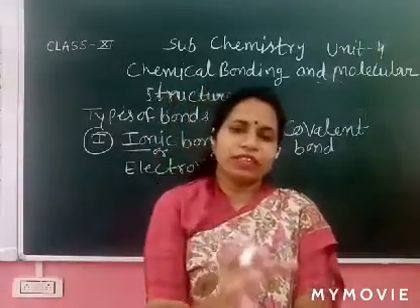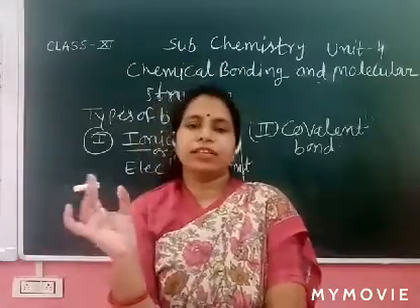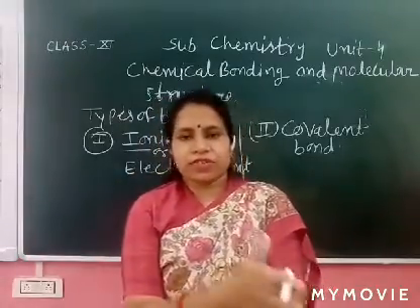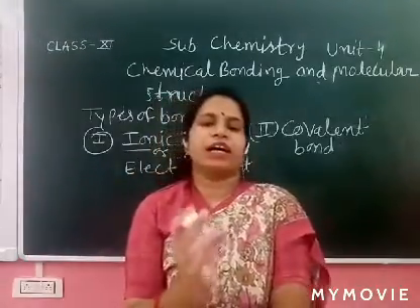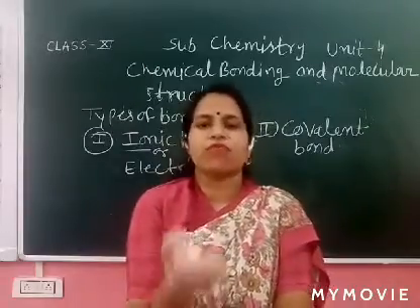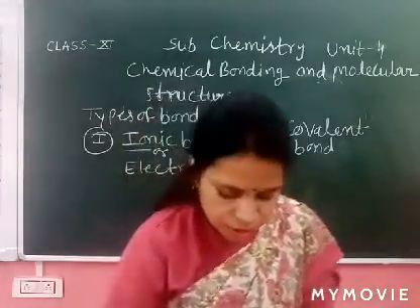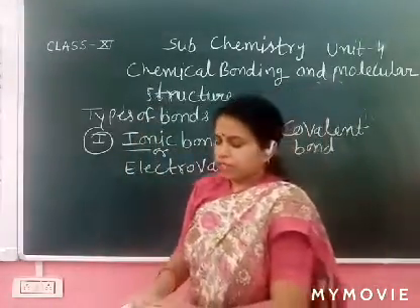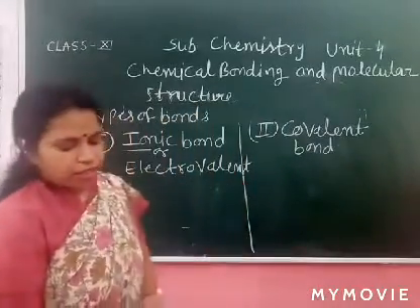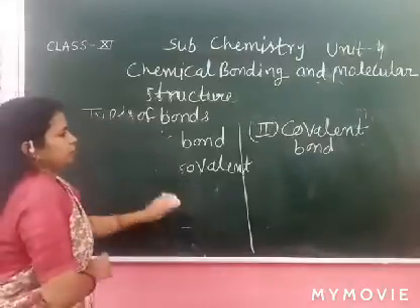They acquire the noble gas configuration respectively, and the Coulombic attraction is present between the ions. This Coulombic attraction, this electrostatic force, is called the ionic bond. Now we will explain some examples of the ionic bond.